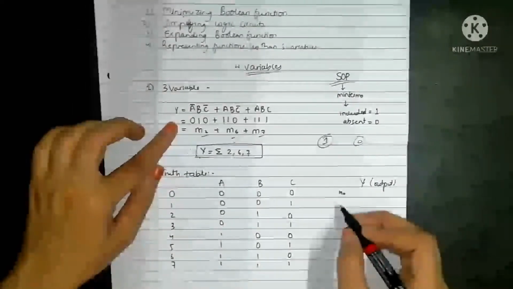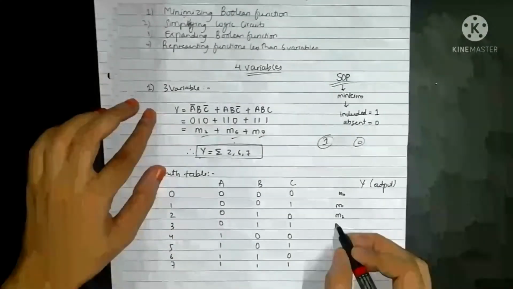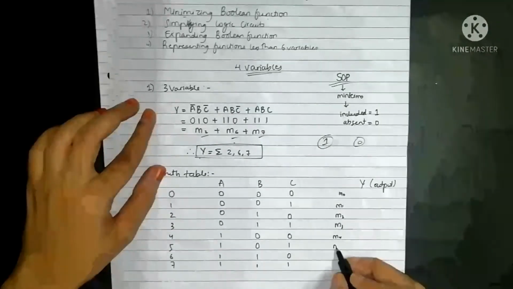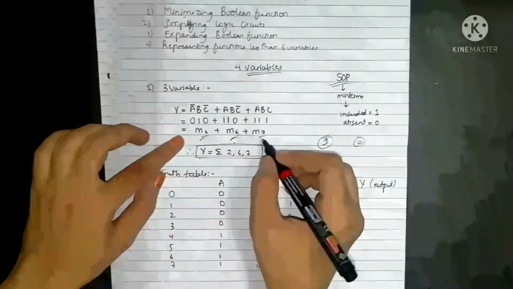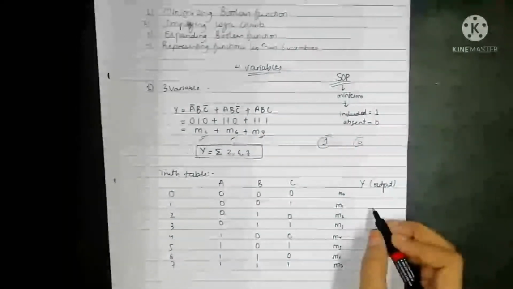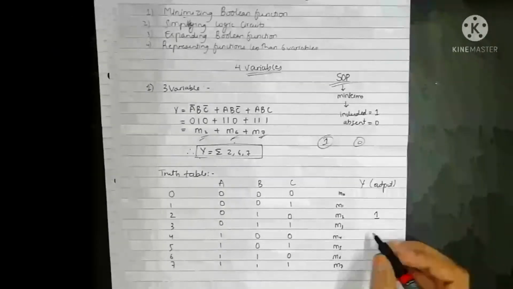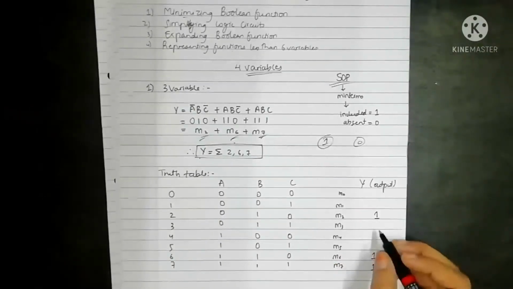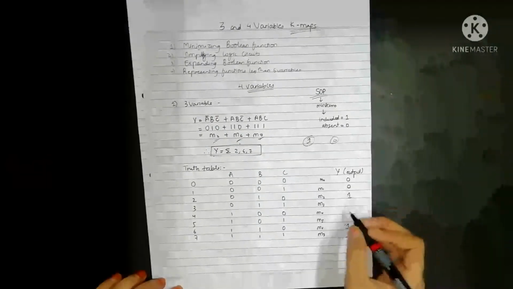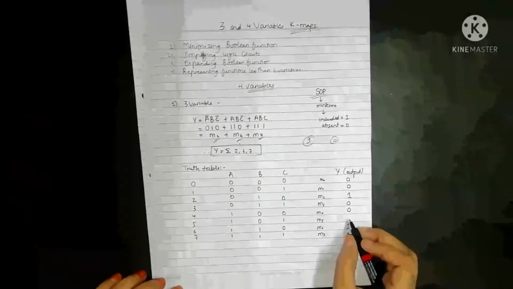This is my M0, M1, M2, M3, M4, 5, 6 and 7. For 2, 6 and 7 I have the output as 1. So for M2, 1, for M6, 1 and for M7, 1. Rest all of the terms will have value 0.